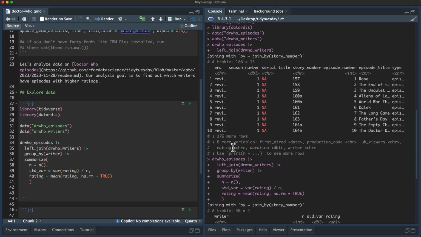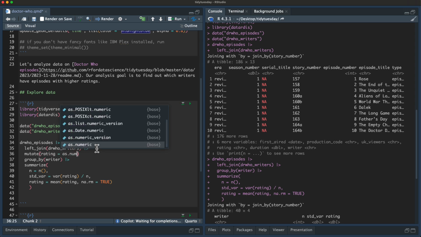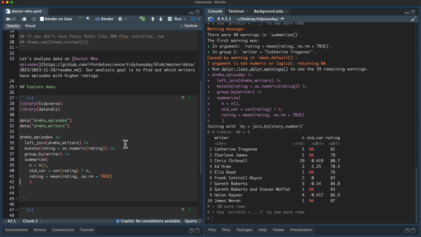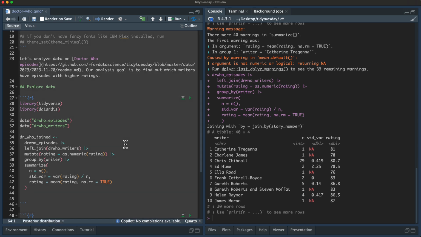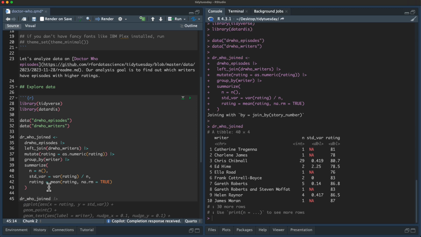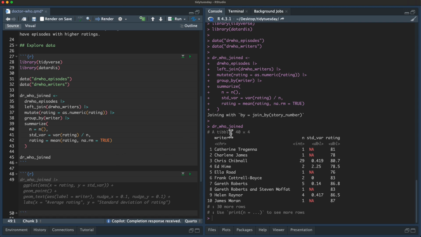Rating, if we look here, rating is for some reason a character. So let's mutate rating as numeric rating. All right, nice. So let's call this Doctor Who joined. So now what I have is, for every writer of a Doctor Who episode, I have their name, how many episodes they wrote, the mean rating here.